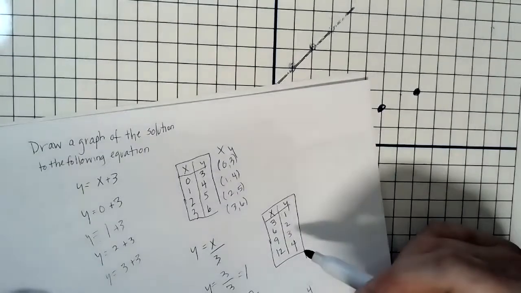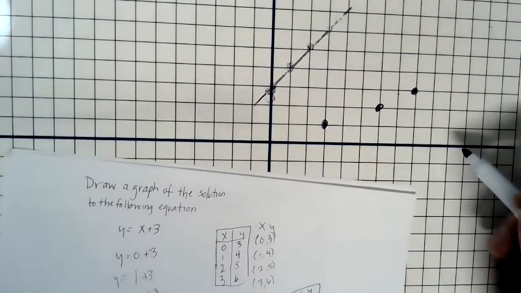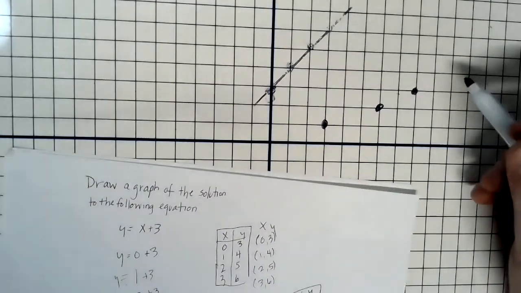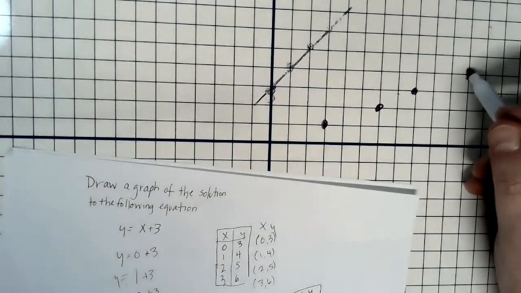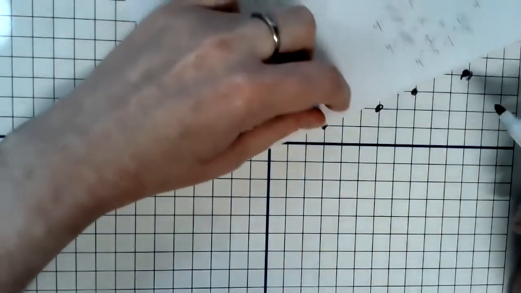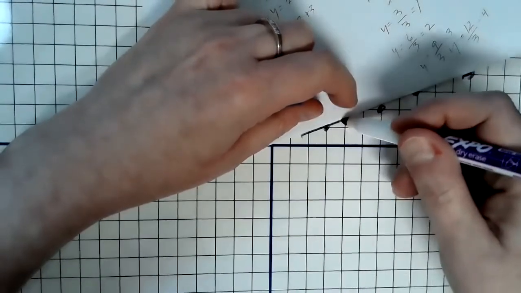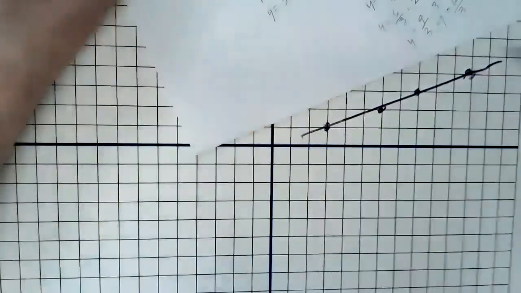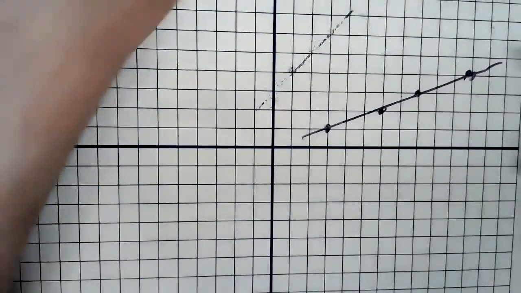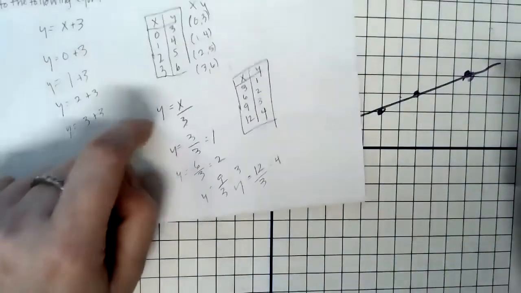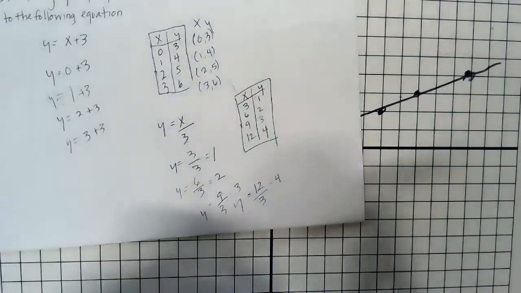And last is 12 and 4. 10, 11, 12. 1, 2, 3, 4. And again, we're just going to fill in the line. And there we have graphed y equals x over 3.